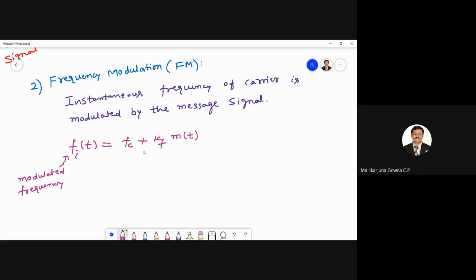Similar to PM, where it is Kp, here it is Kf. That proportionality factor is replaced by this number, Kf. Is this fine? This is the unmodulated carrier, and it will be varied according to the message signal, which is the modulated frequency, fi of t.